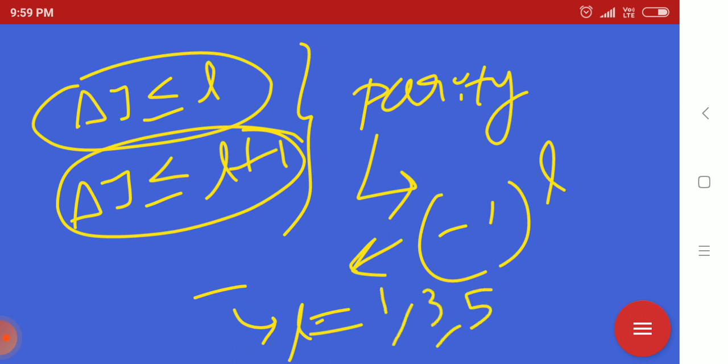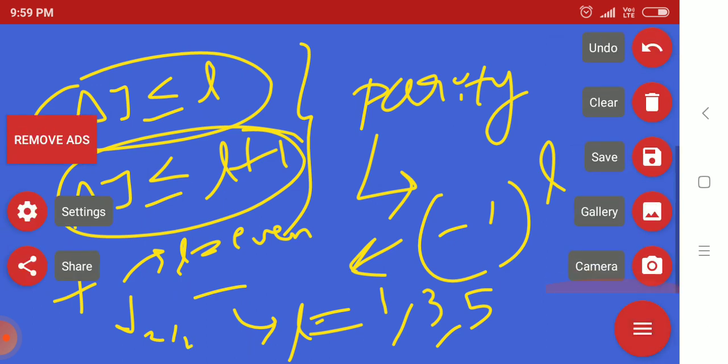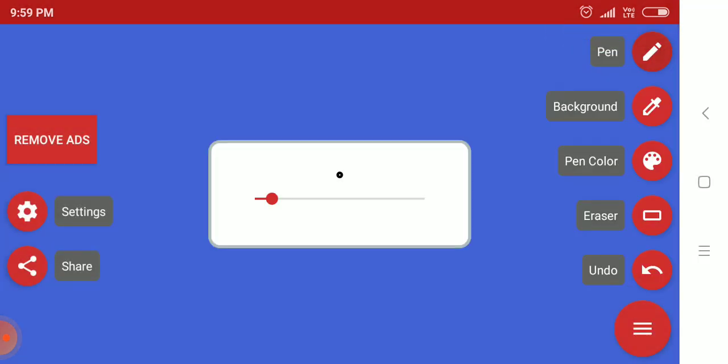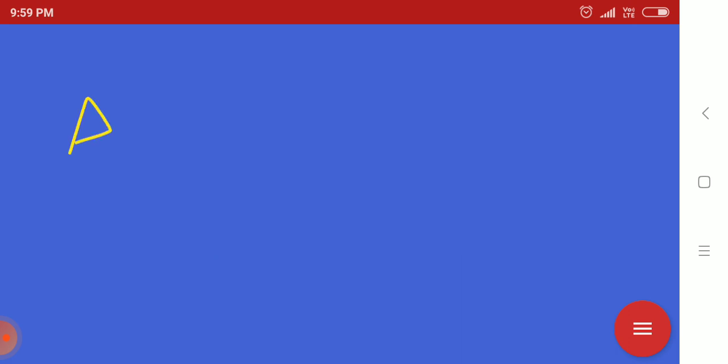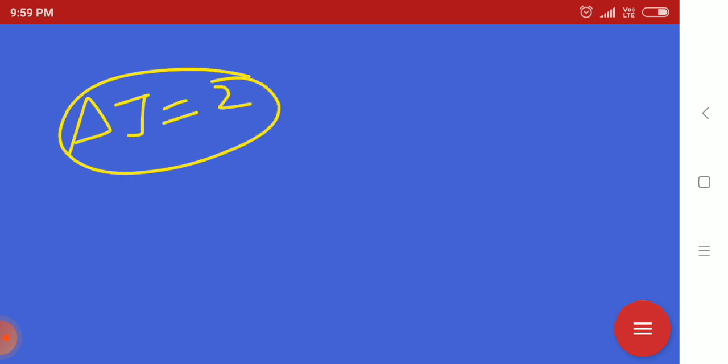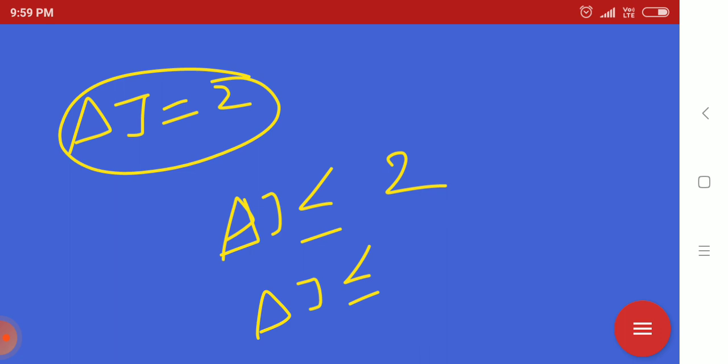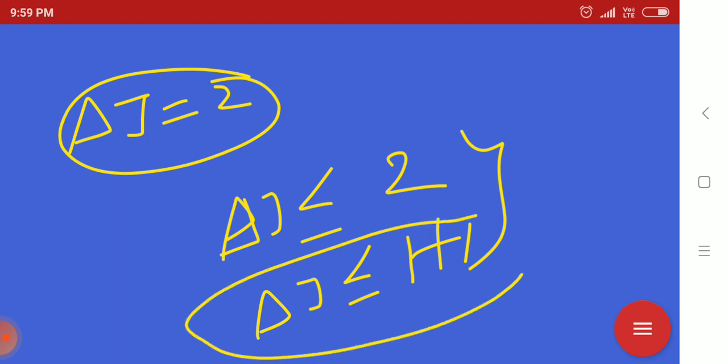Parity is positive when L is even, that means 2, 4, 6, etc. Here delta J equals 2 can be written as delta J less than or equal to 2, or as delta J less than or equal to 1 plus 1. But which should we choose?